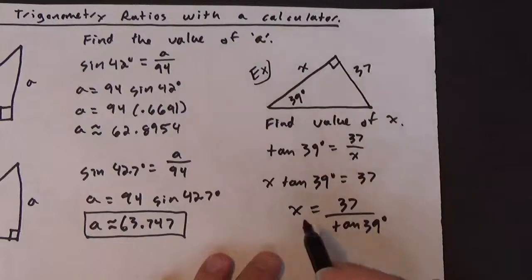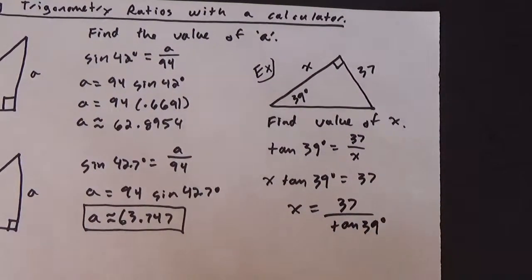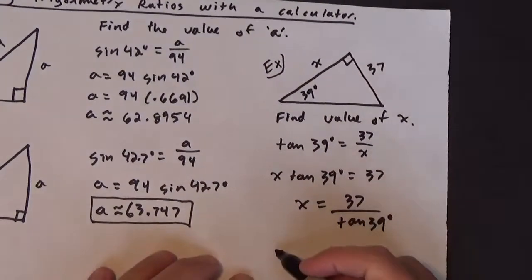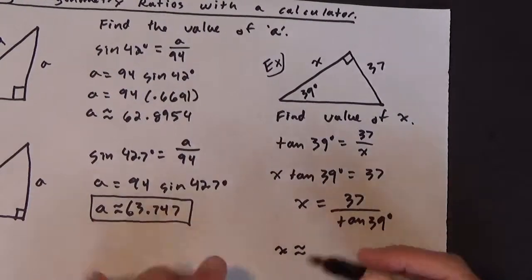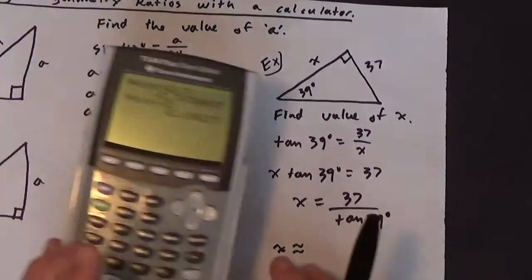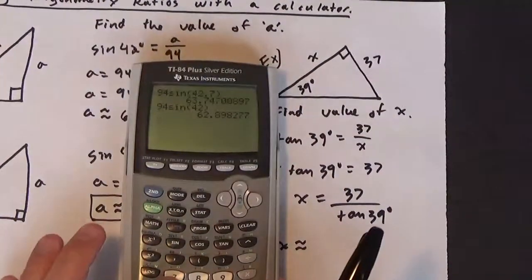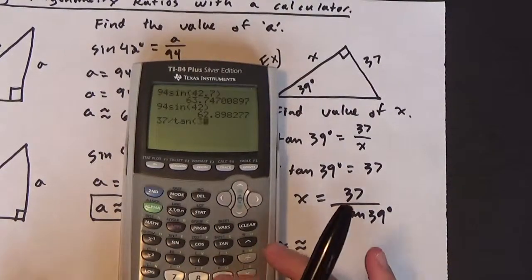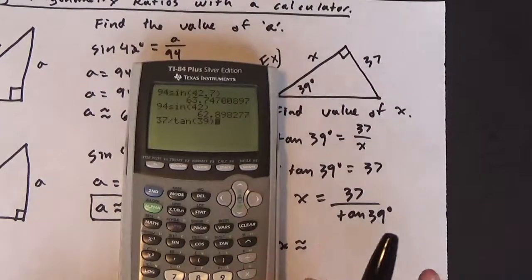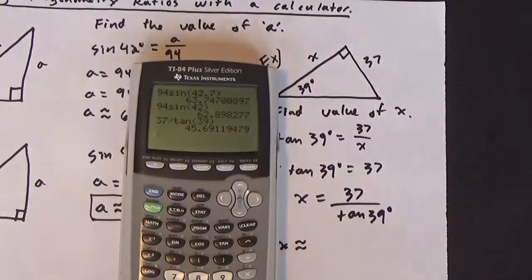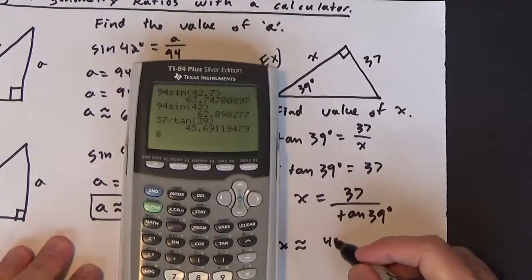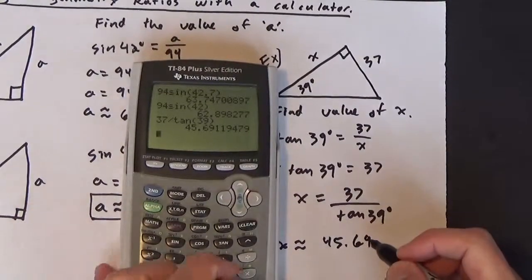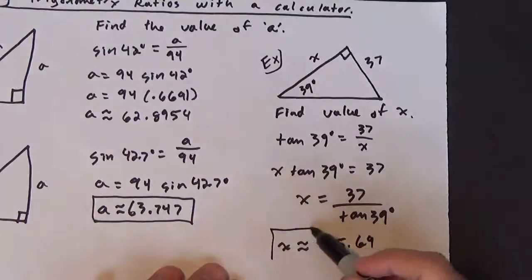Now that we have x solved, we can put it in our calculator. We get 37 divided by the tangent of 39, which is 45.69, and that is our answer.